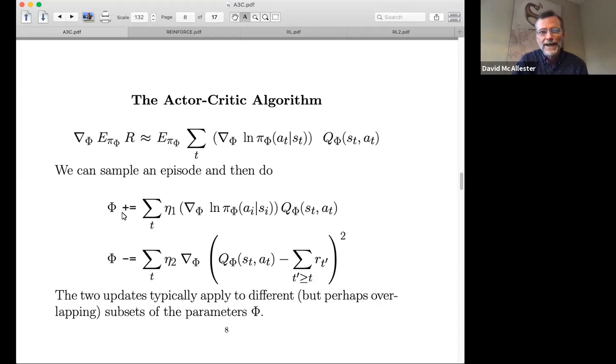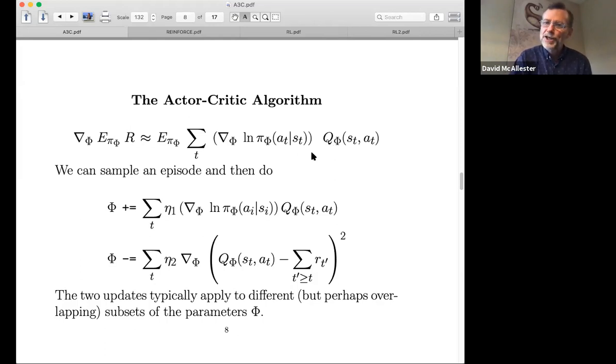So we're going to update phi by a gradient that's looking at the gradient in the policy gradient component. Here I'm using the same phi, but the intuition is that there's a part of this phi that's defining the policy and a part of this phi that's defining the Q function.